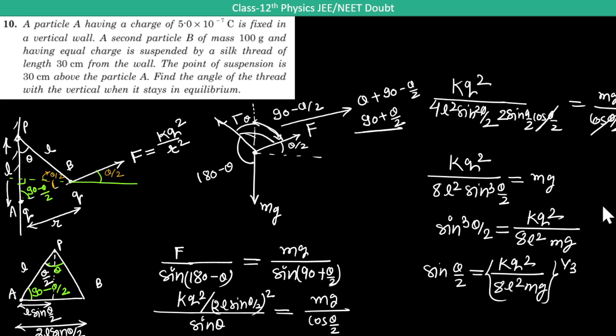Now we only have to put in the values of Q, m, g and L, and you will get the value of sine theta by 2. So that is the explanation of this question. I think you have understood all the concept. If you still have any doubt, you can comment. Thank you.